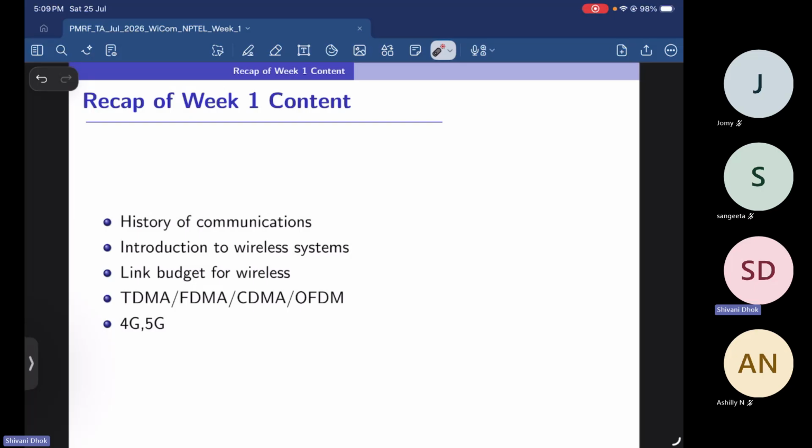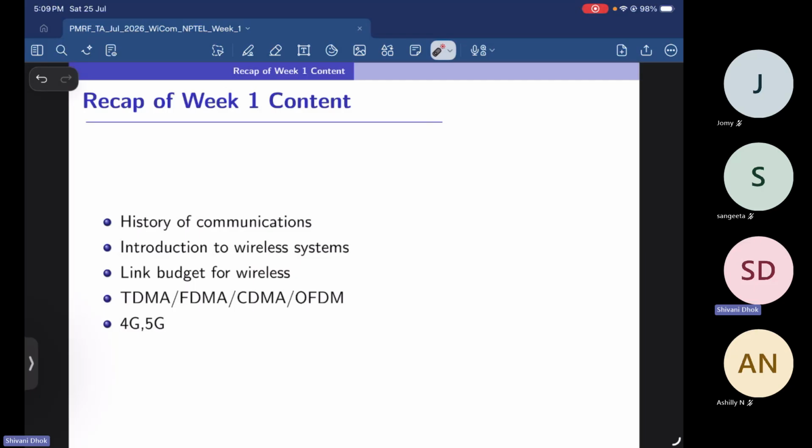So this week's plan: there are a few basic things that are prerequisites for this course, which include concepts like sampling theory from your signals and systems, then a few things from your digital communication, and very basic things such as how you convert a power to dB, dBW or dBm.